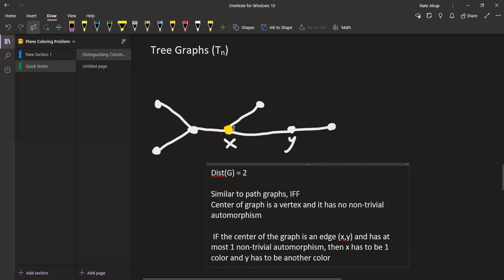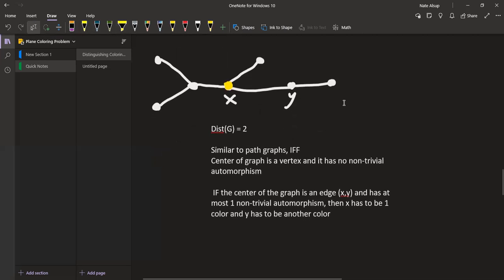So if a tree graph has a center vertex, bam, and doesn't have any non-trivial isomorphism, then the distinguishing number would be 2. That's also 2 if the center is an edge and there's at most one non-trivial automorphism.